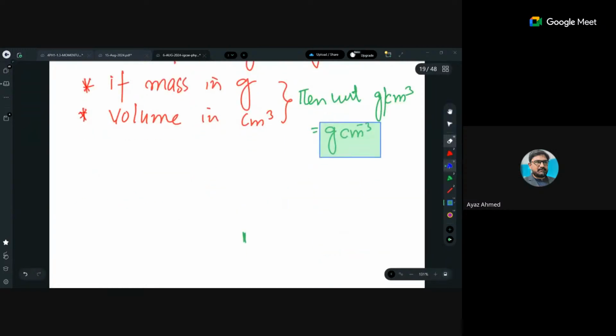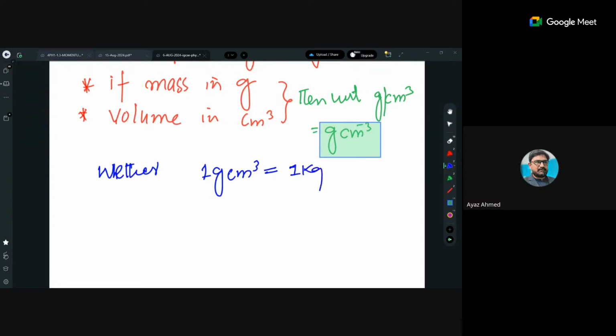Okay, I have a question. When I change unit, do we have a change in density? My question is whether 1 gram per cubic centimeter is equal to 1 kg per cubic meter.